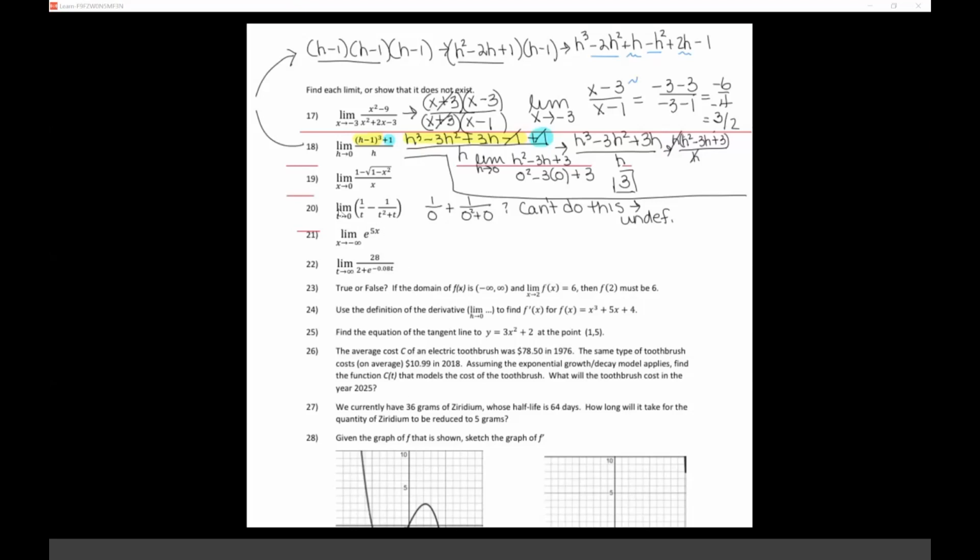How would you do algebra on 20? Anybody have ideas? More factoring.